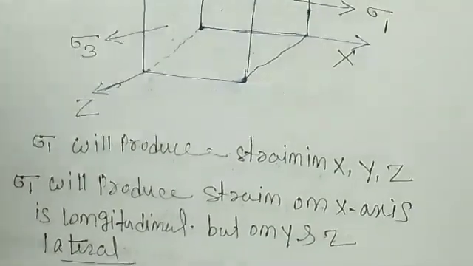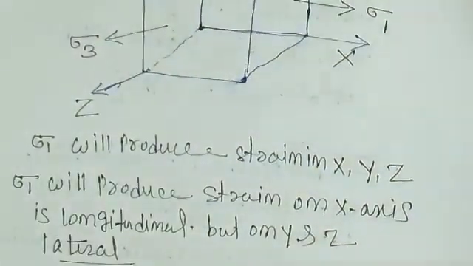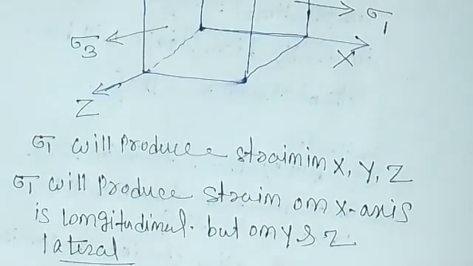So sigma 1 will produce the strain on x, y as well as z, but on the x-axis it will be longitudinal, and on y and z it will be lateral.